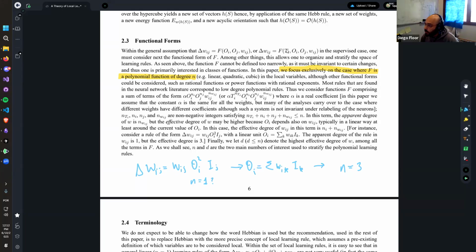And the T is the non-local stuff. I don't know if it's the error or target. Oh, it's target. So it's the non-local stuff. So this would be a local learning rule, and this is not a local learning rule. I mean, it is local. It's supervised, they call it, but it can be local, I guess.